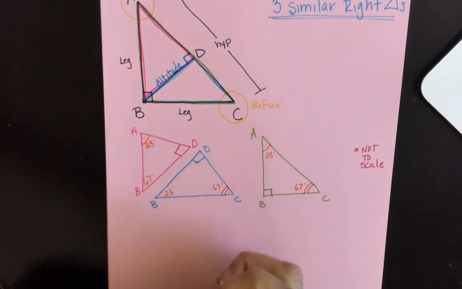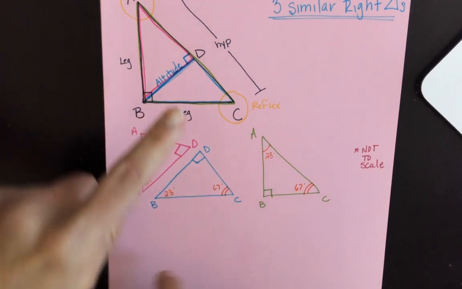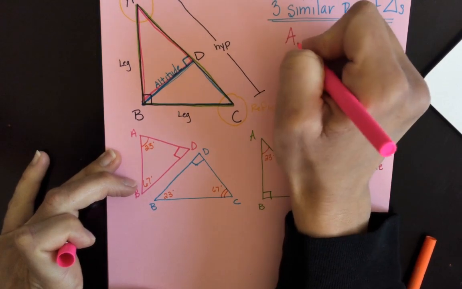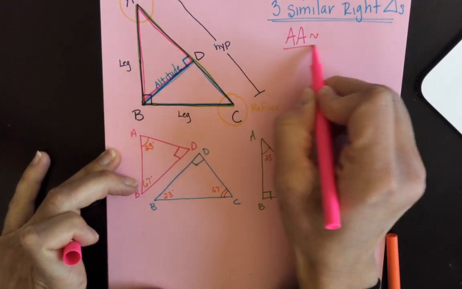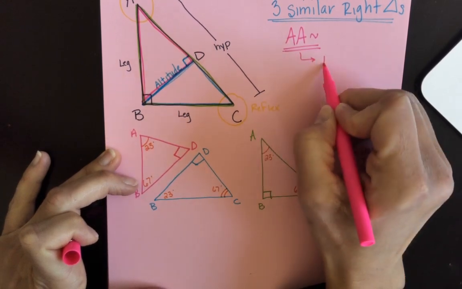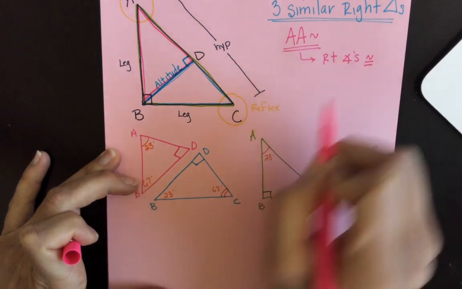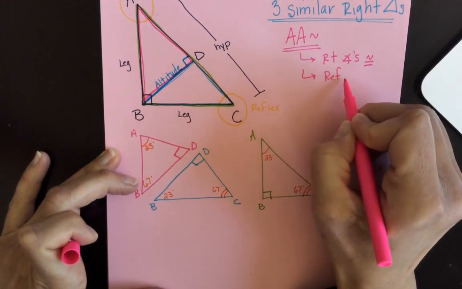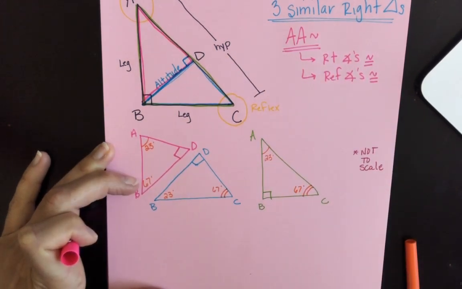So what we have is because of our reflexive, because of our 90, we immediately get angle-angle similarity. So, angle-angle similarity: right angles are congruent. Reflexive angles are congruent.